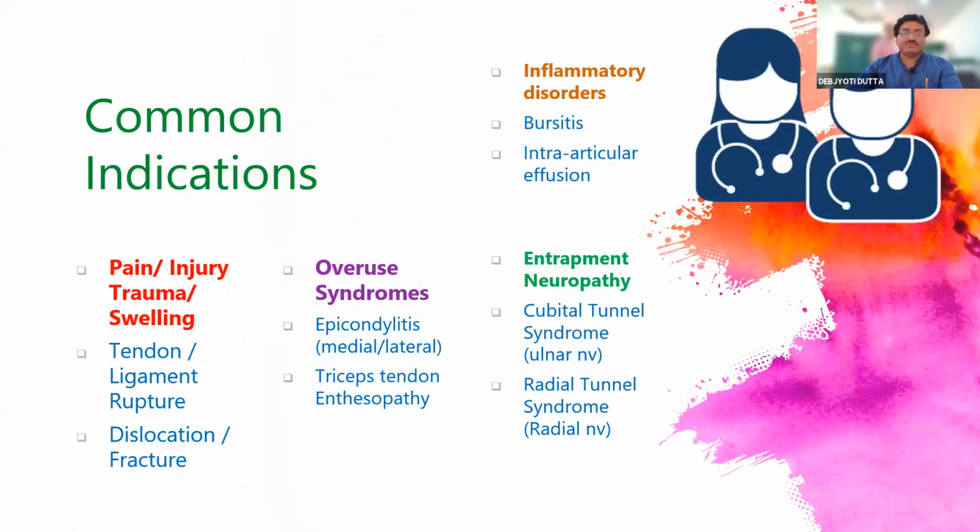So first of all, what are the indications where we actually do ultrasound of the elbow joint? Let's start with the commoner indications. First of all, when the patient is having pain, trauma, swelling due to some injury of the tendon, there is ligament rupture, there is dislocation, there is fracture.